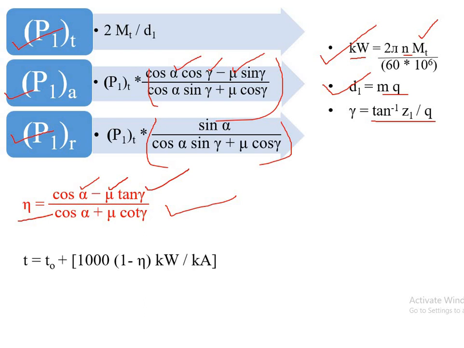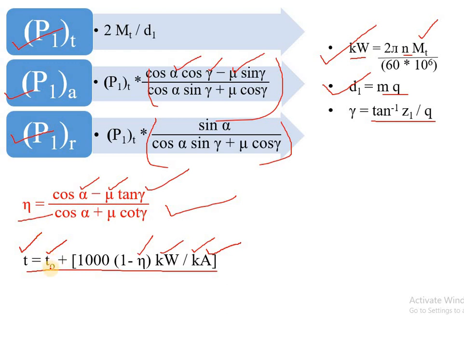Next it is asked to find the temperature rise. By thermal consideration for worm gears, we have derived the formula T is equal to T0 plus this whole term, in which this is the efficiency, kW is your power which we have calculated, K is the coefficient of heat transfer, which is given, and A is the effective surface area, which is also given.